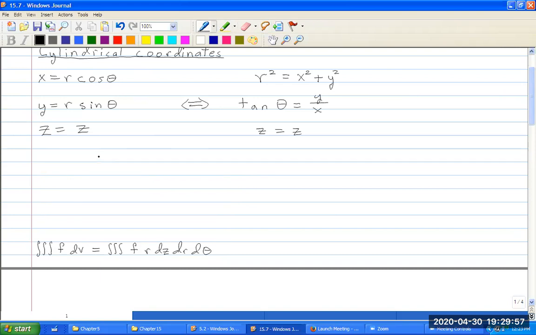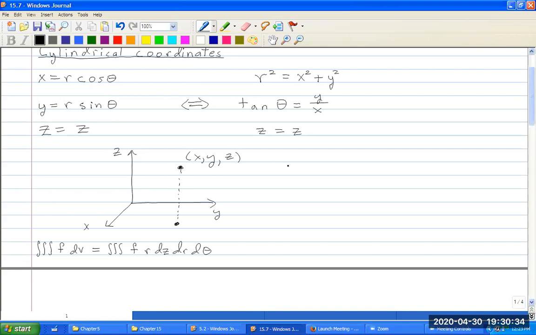For cylindrical coordinates, I do the following. So suppose I'm here in rectangular coordinates. So I take this point here, x, y, z, let's say.